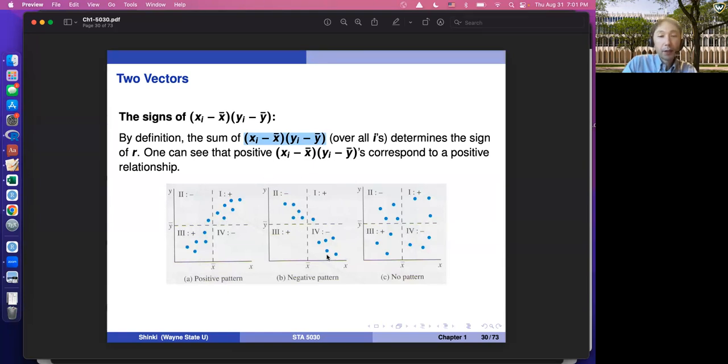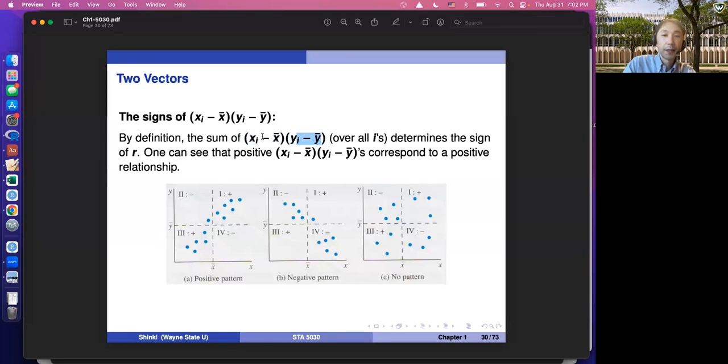On the other hand, if we have a negative relationship between x and y, most observations are in region 2 or region 4. In region 2, the first factor of this term is negative because xi is smaller than x bar. But yi is larger than y bar because yi is above y bar.